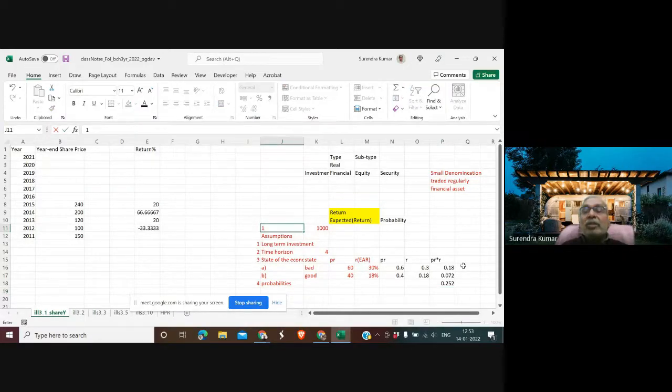So I am multiplying this with that one, or let me say, I am trying to get my actual return first. This was in percentage terms. Then I am trying to get my actual returns. So my actual effective annual returns are 252 rupees. This is my effective annual returns in absolute terms.